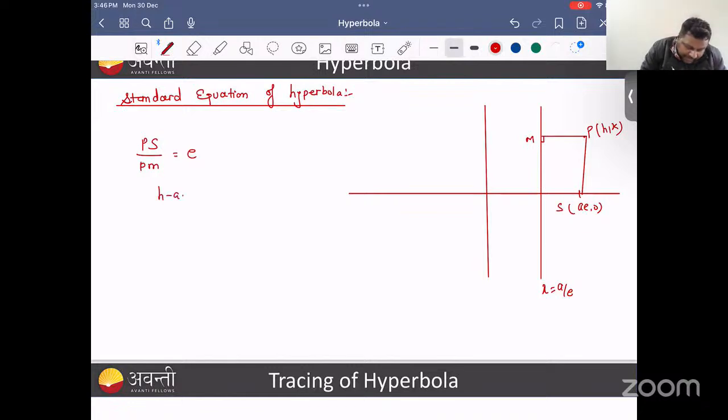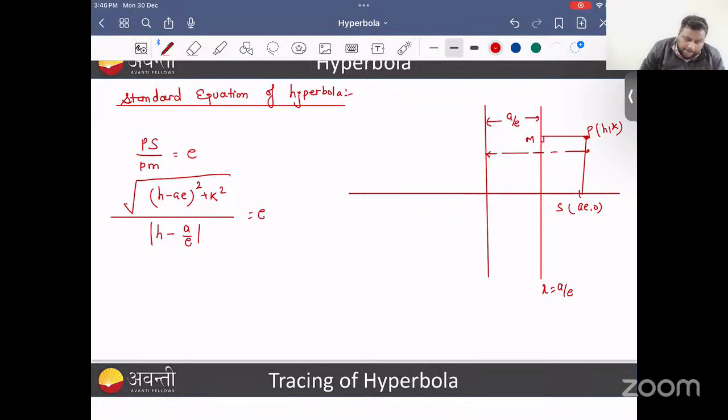Now, what will be PS? PS is the square root of (H minus AE) square plus K square, upon PM, the distance of P from the directrix. If you realize, this full distance is H and this distance is A upon E. So PM is mod of H minus A upon E, which equals E. So it is the square root of (H minus AE) square plus K square equals mod of (HE minus A).